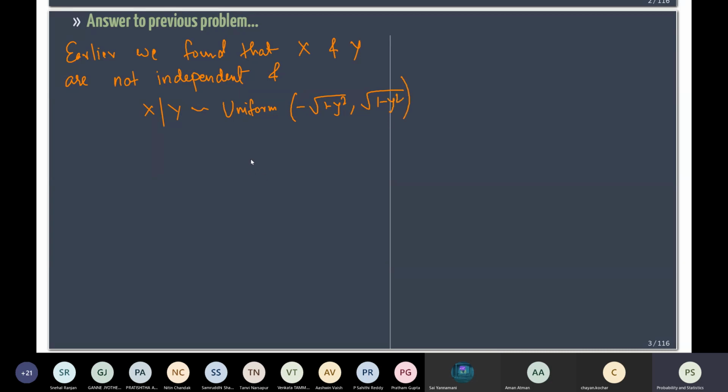You can verify this, and if you want, you can go ahead and prove it also. So this is something we know. What we know is the conditional, but not explicitly the marginals of x and y.